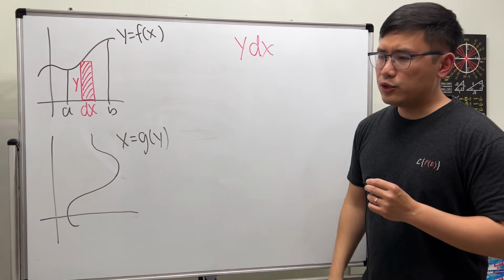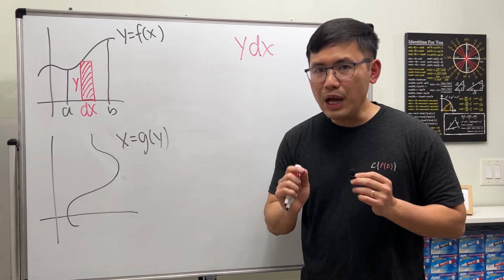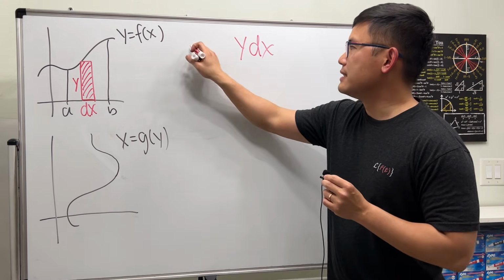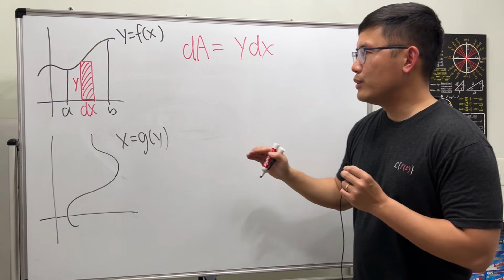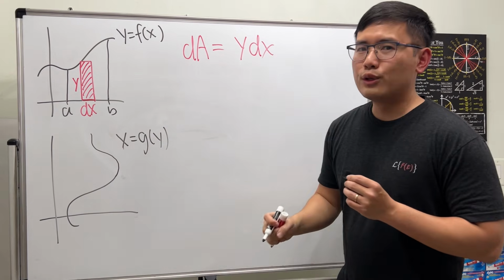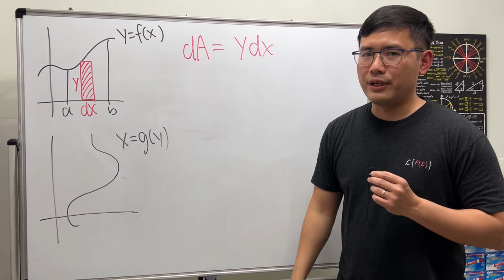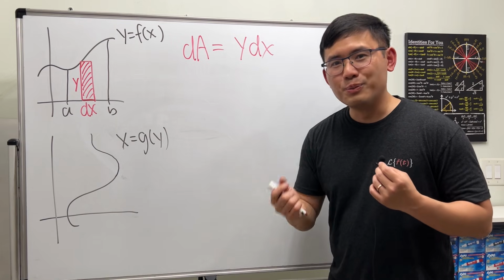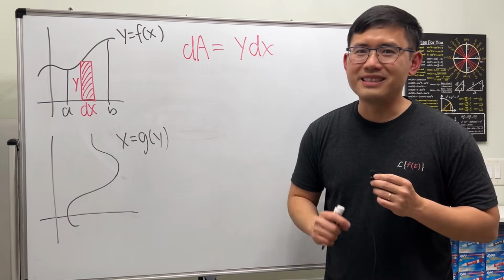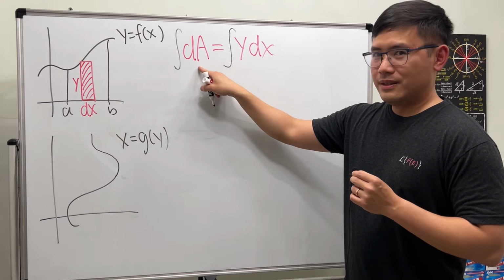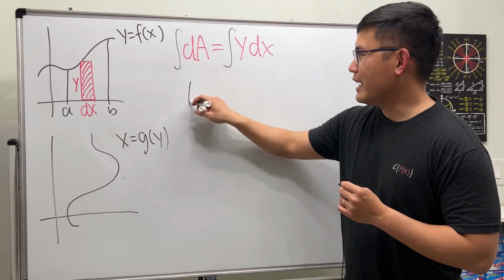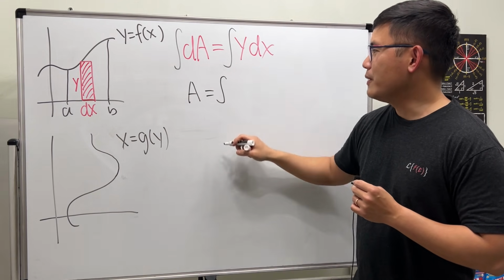And this right here is just a small change in the area, so we can say that it's dA. Now, if you want to get the area of the whole thing, we just have to add up all of this kind of area, and we do it by the super version of addition, and that is the integration.